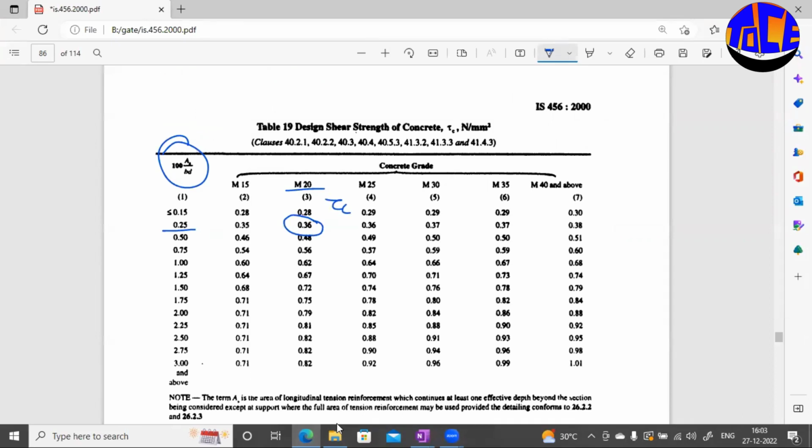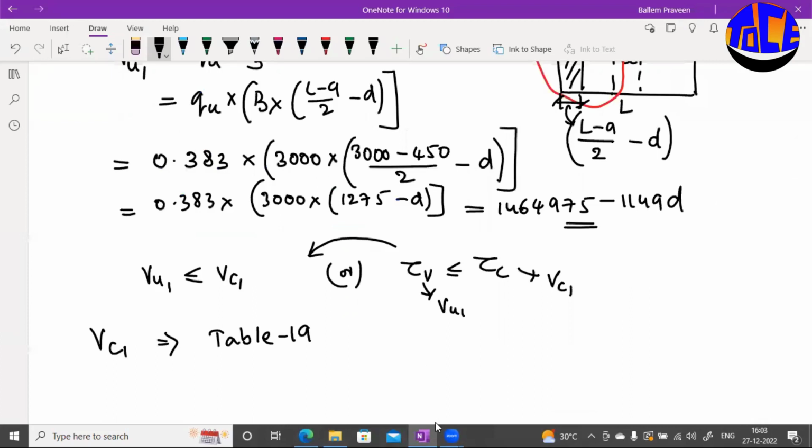Remember this. So from table number 19, we assume percentage of steel as 0.25%, and we know it is M20 grade concrete, and the tau C value is 0.36.